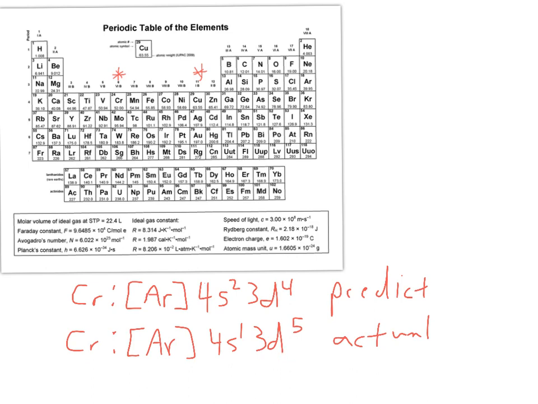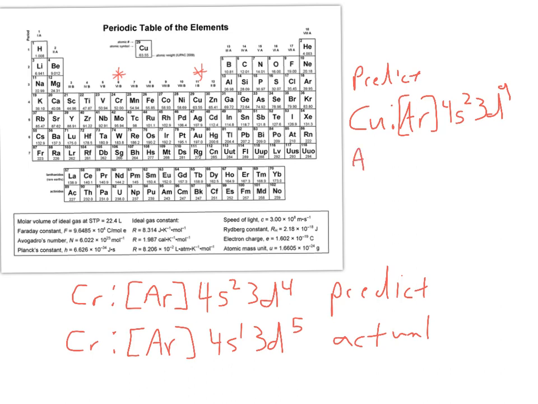Another example of an exception is copper. Can we use argon as a noble gas core, as you would predict? 4s1, 4s2, 3d1, 2, 3, 4, 5, 6, 7, 8, 9. That's what you would predict.